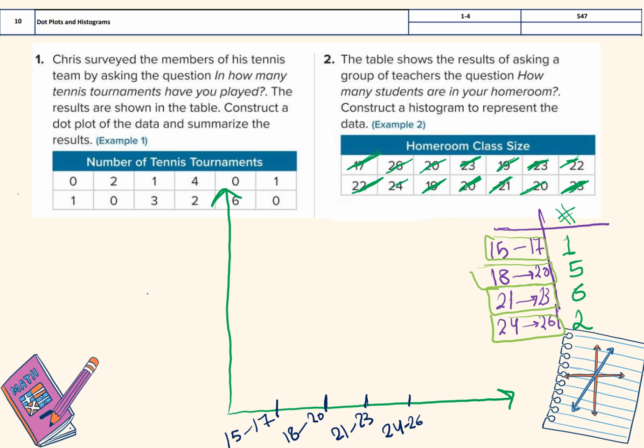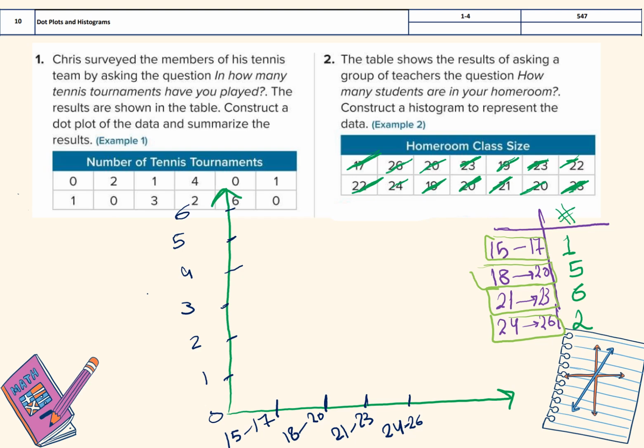Now, on the vertical line, I'm going to write the numbers, the frequencies. Of course, you see that we have frequencies from 1 till 6. So 0, 1, 2, 3, 4, 5, and 6.